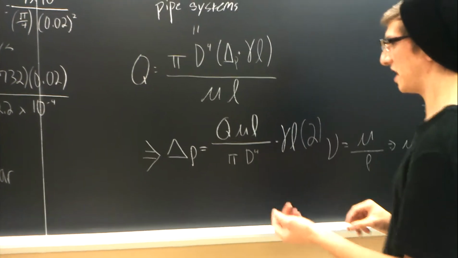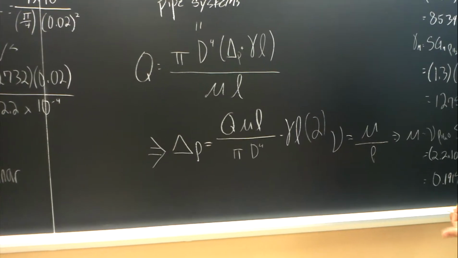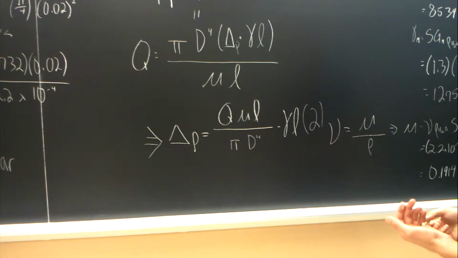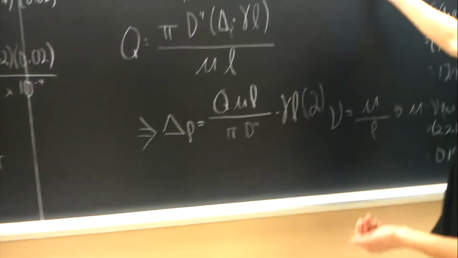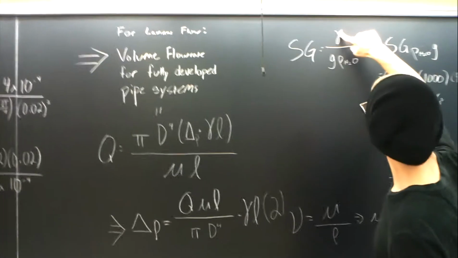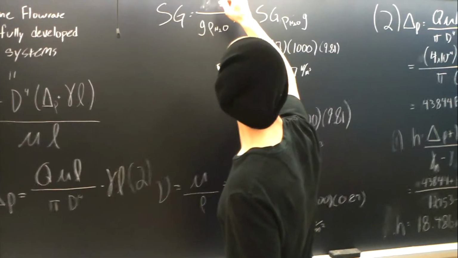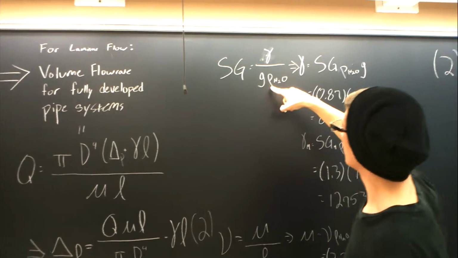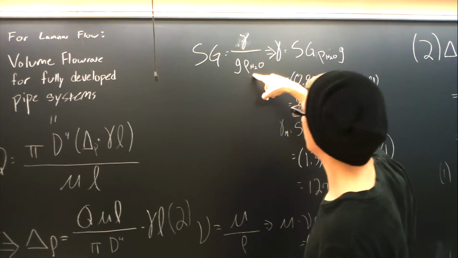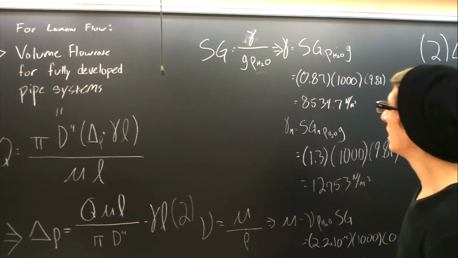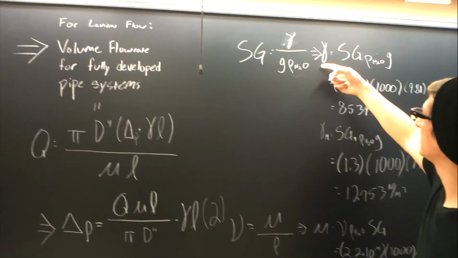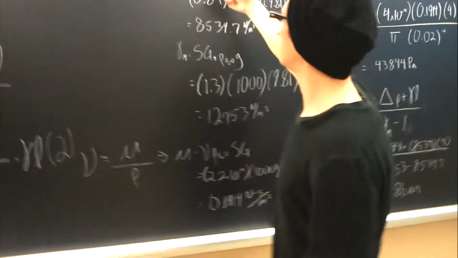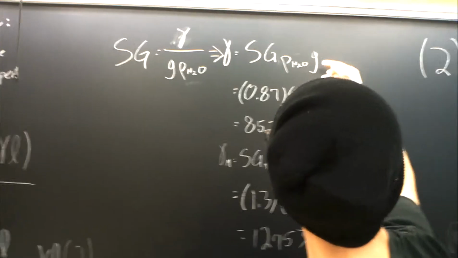Now, we don't have the values for mu or any of the gammas from the manometer equation, but we do have the specific gravities, which is enough to figure that out. So the specific gravity of something is equal to gamma over the density of water times gravity. So rearrange that, you get that gamma is equal to the specific gravity times rho of water times gravity.